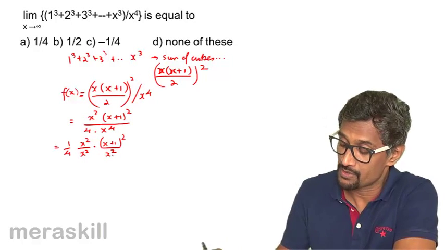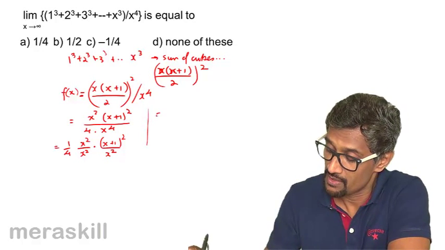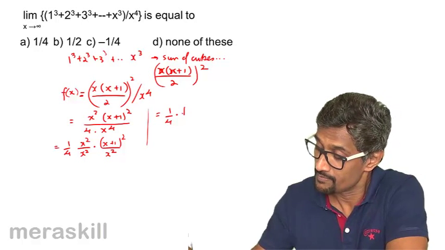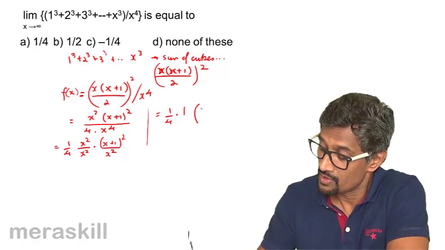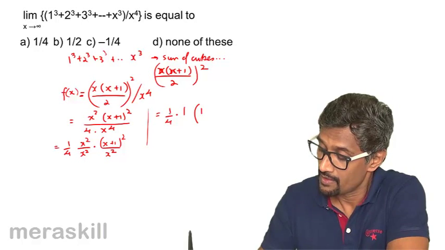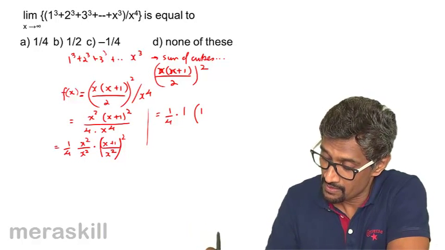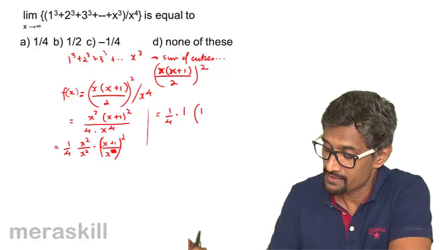You split up the x^2. This will turn out to be 1 by 4 into 1 into (x+1) upon x the whole square.